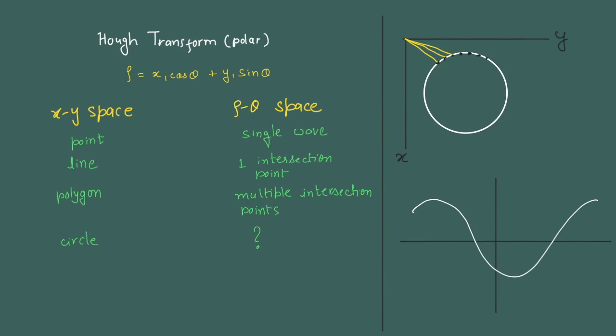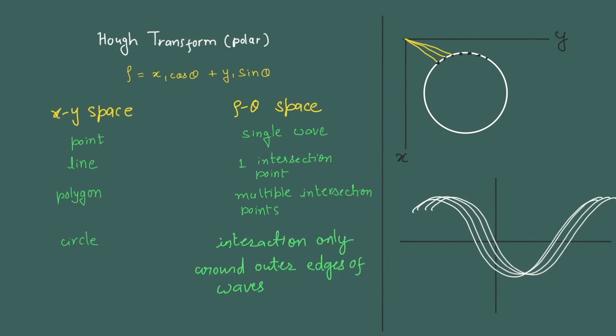Wave like this. Next wave would be just shifted. This way it will be only coinciding along the edges. If you see a pattern where there is only intersection around the outer edges, that is an indicator of a circle. Detection of circles with Hough transform is done with a different technique called Hough circles.